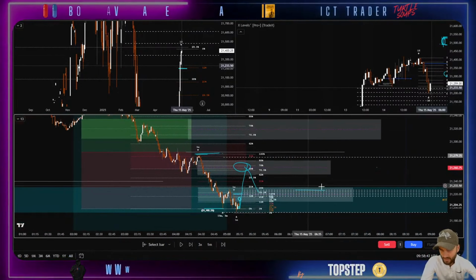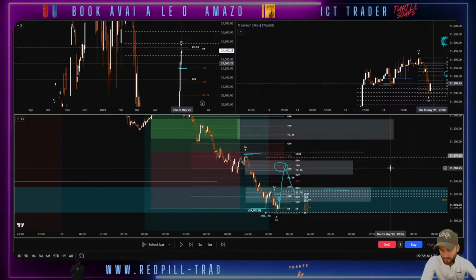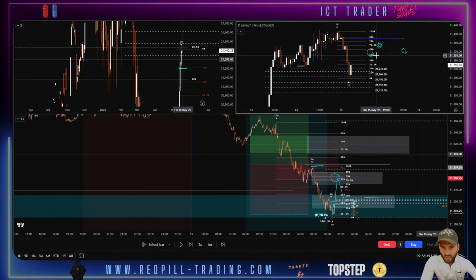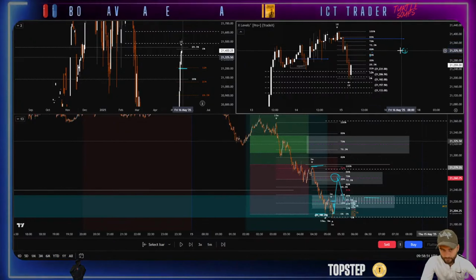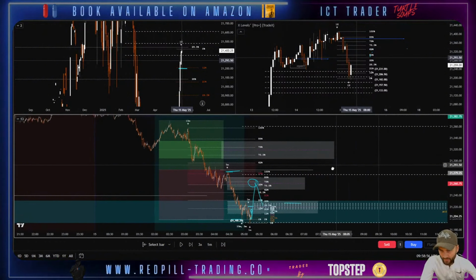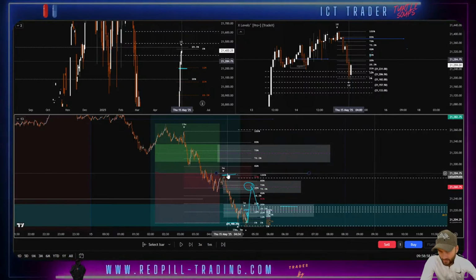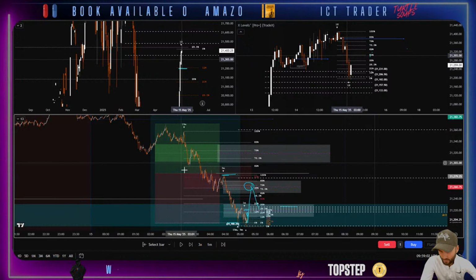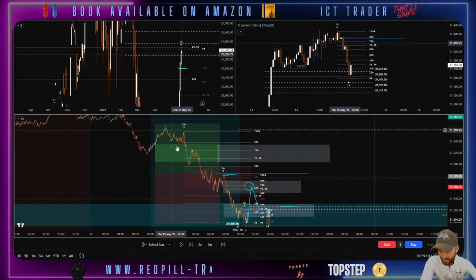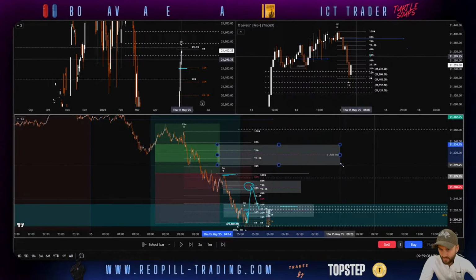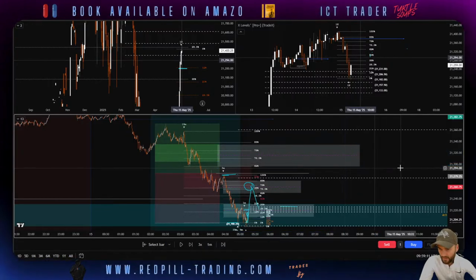Okay, and utilizing standard divs for that, right? And also the principles of X levels, right? So if we look at the hourly, okay, and the 15, if we break the 5, which we're going to anticipate to happen to get up into mean threshold of the London dealing range, anticipating a reversal, the next objective is going to be your 15 minute.